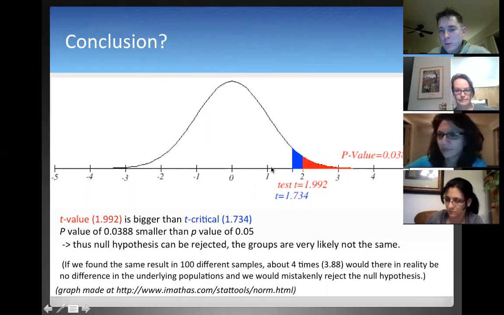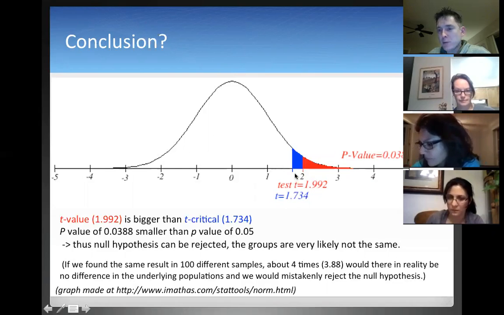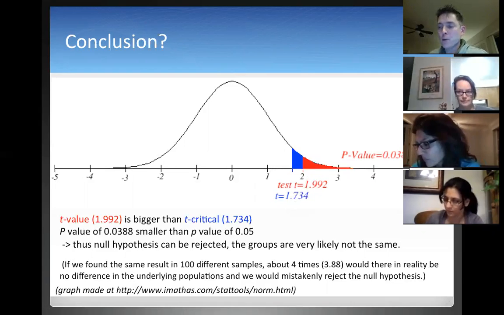As we go further away from 0, the critical t-value is 1.793, so any t-value that's bigger than this, we're going to reject our null. Now we're in this space where we're going to reject the null. We say, hey, this difference is too big to ignore. Everybody good so far?